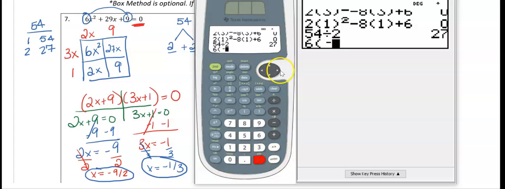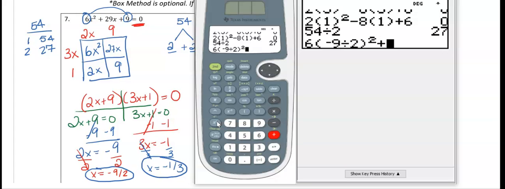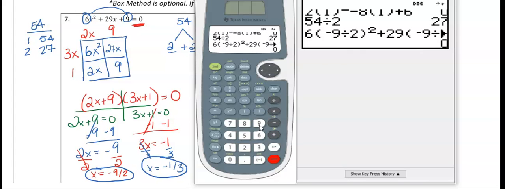There we go. -9/2, squared, plus 29, and instead of x, I have -9/2, and again, we're adding 9. So this should equal 0. Sure enough, it does. So -9/2 is right.